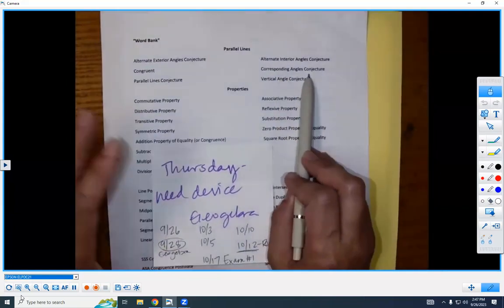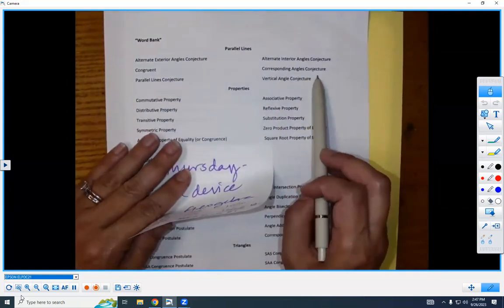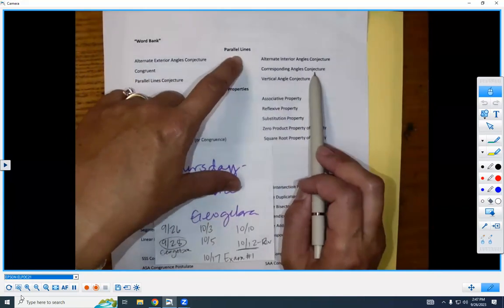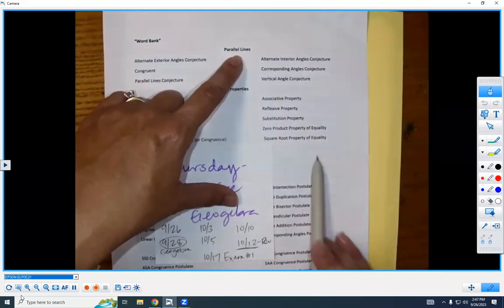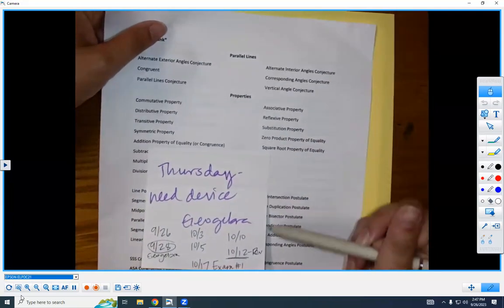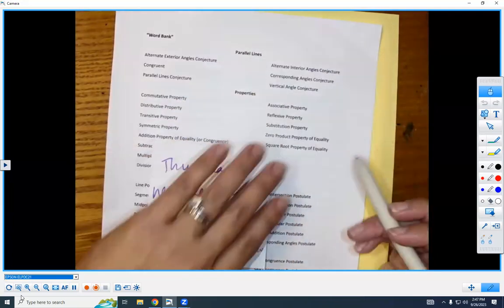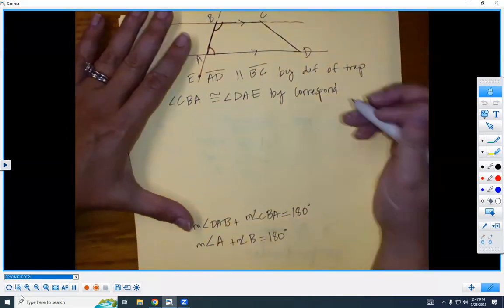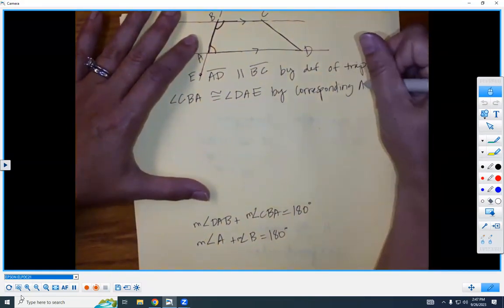When we do parallel lines, we start off with this conjecture and then we prove it and it becomes a postulate later on. If we were making this as we went, we would start off with just the conjecture and then it would turn into a postulate. By corresponding angles.